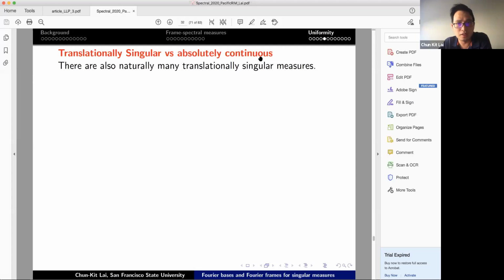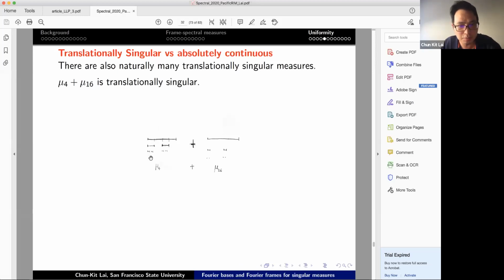Well, if you think about translational singularity, actually there's an easy way to produce translationally singular measures. So indeed, one of them is, okay, I do mu 1/4, and then another I do mu 1/16. So this picture is a bit ugly. So mu 1/4 and then mu 1/16.